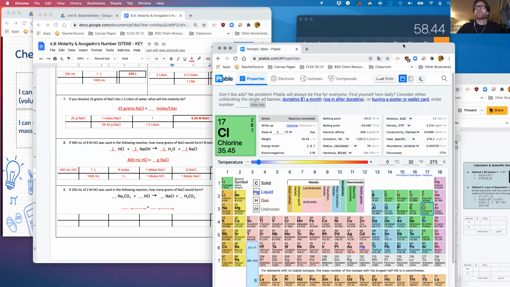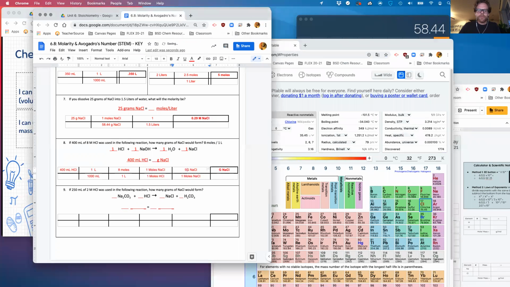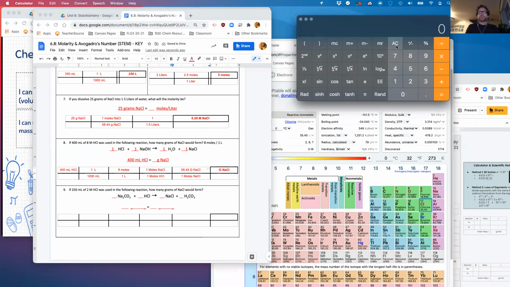So yeah, actually 58.44. Now I'm just doing a little bit of calculations. 400 times 1 times 8 times 1 times 58.44 equals, and then I'm going to take that and divide it by 1,000. It's the only number on the bottom, and I get 187 grams.